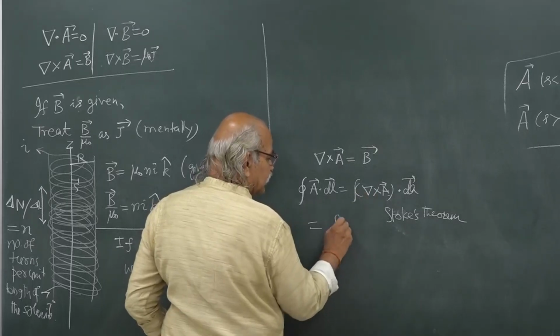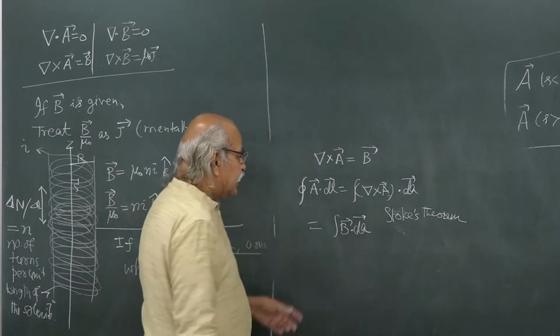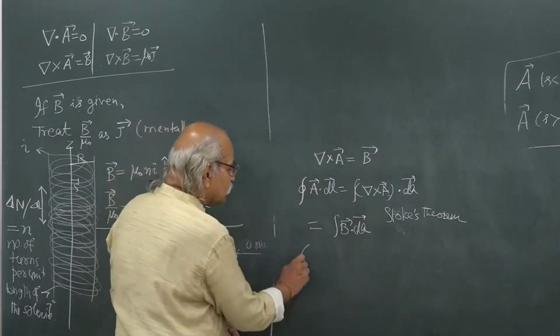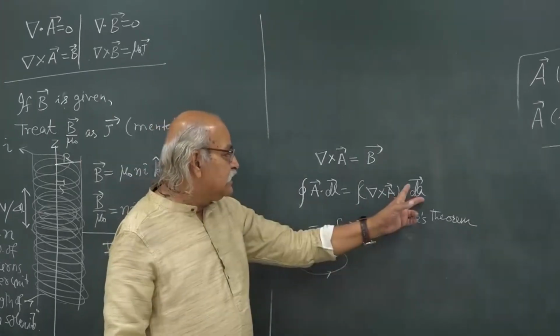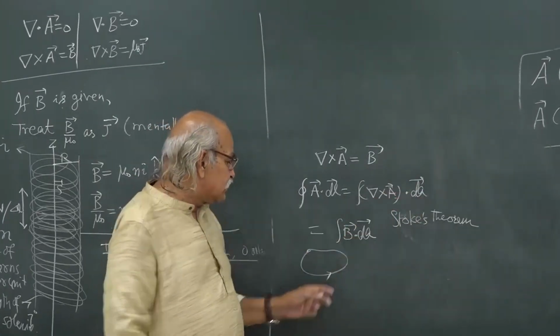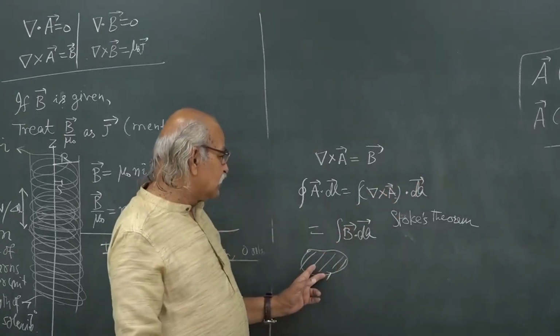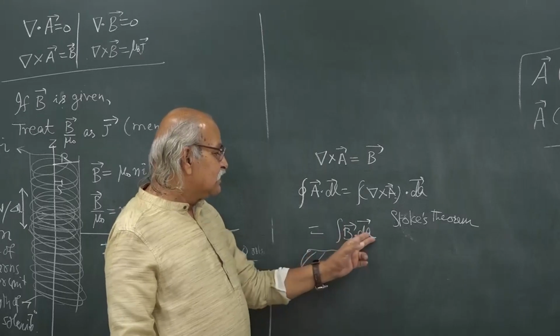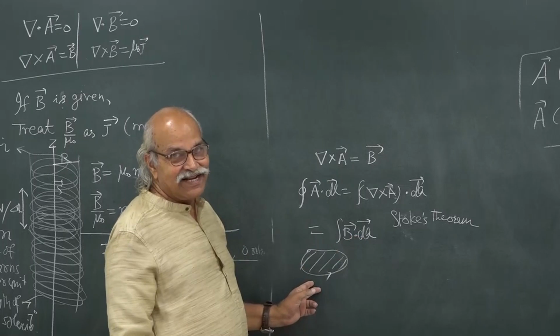So, this is B dot dA, and this is on a closed loop with an arrow, and this dA vector, area vector, is here, on the right hand side you have to integrate on this. So, B dot dA is the flux of magnetic field through this area.